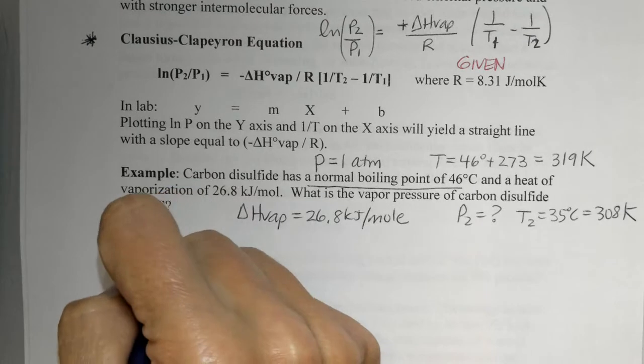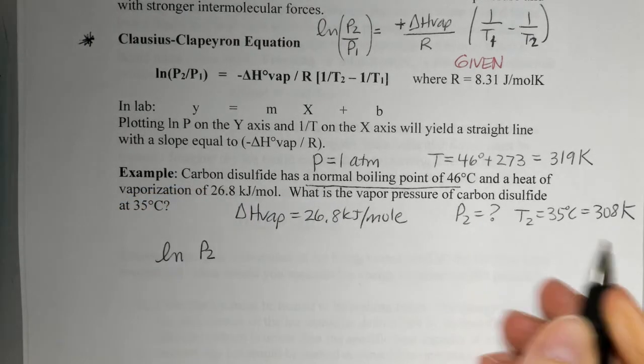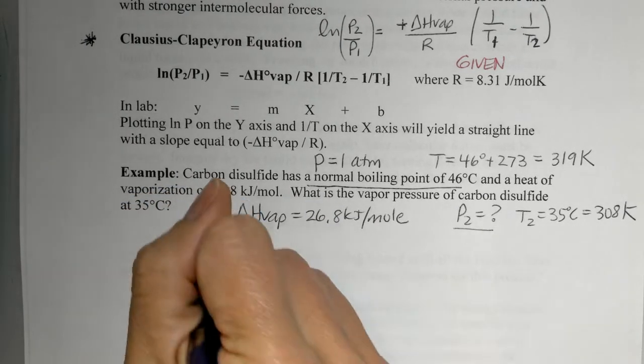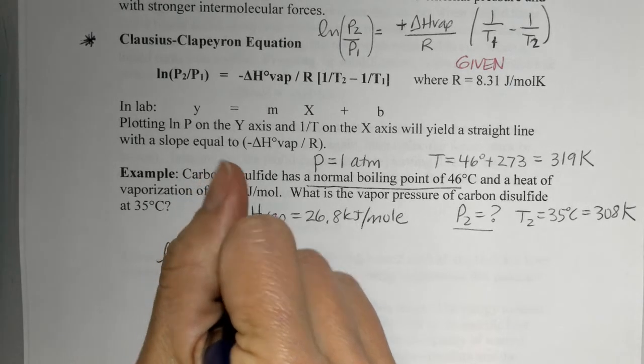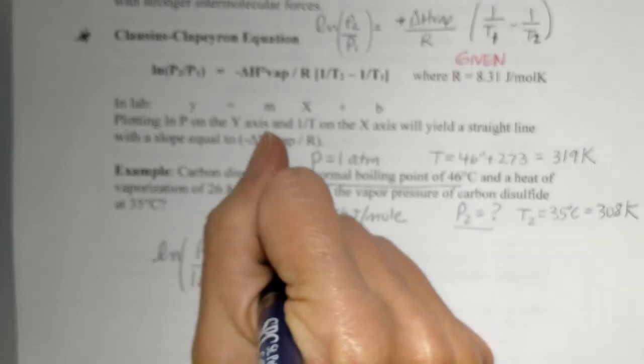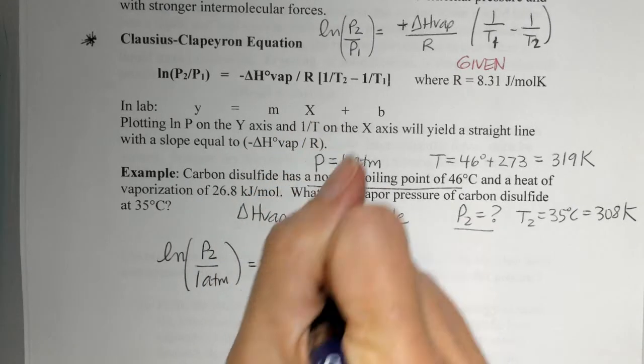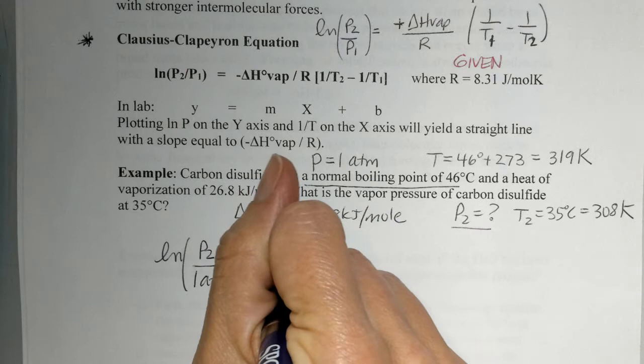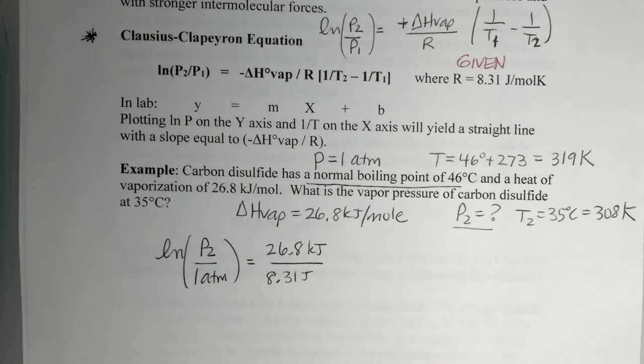So I'm going to plug everything in. I got ln P2, which is what I'm looking for. We don't know what that is. The initial pressure is 1 atm, so that goes in parentheses. My heat of vaporization is 26.8 kilojoules. My R is 8.31 joules per mole Kelvin.